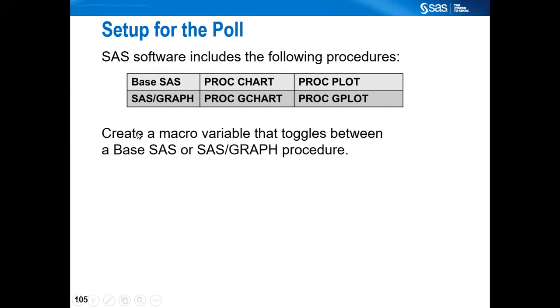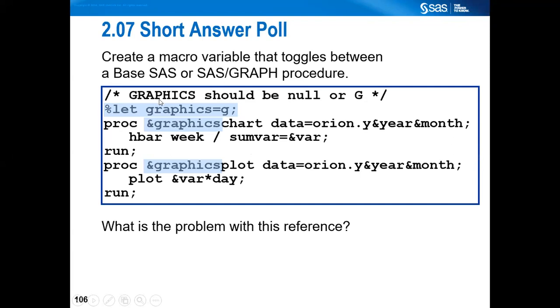So it's telling us to create a macro variable that toggles between base or SAS/GRAPH procedures. That means you want to make a macro variable for this G. Suppose you create a macro variable as graphics, so you're writing proc ampersand graphics chart, proc ampersand graphics plot.